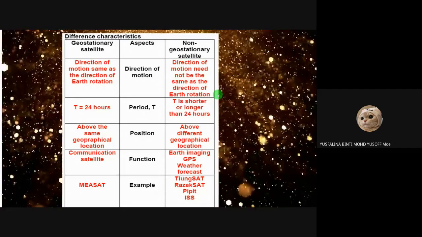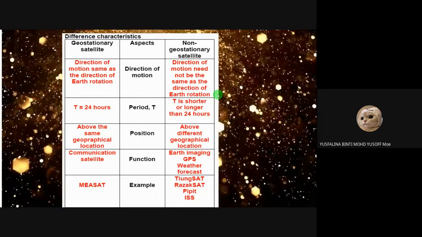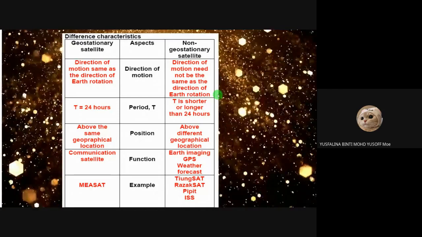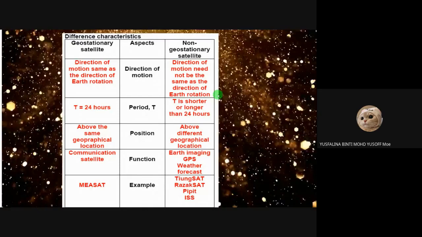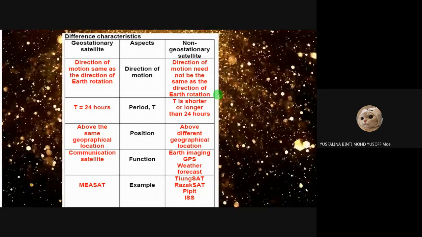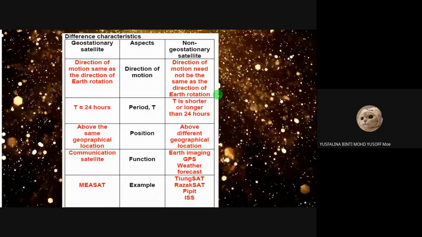If the Earth rotates clockwise, the non-geostationary can also rotate anti-clockwise. It doesn't need to follow the direction of motion of the Earth. For geostationary, it will follow.